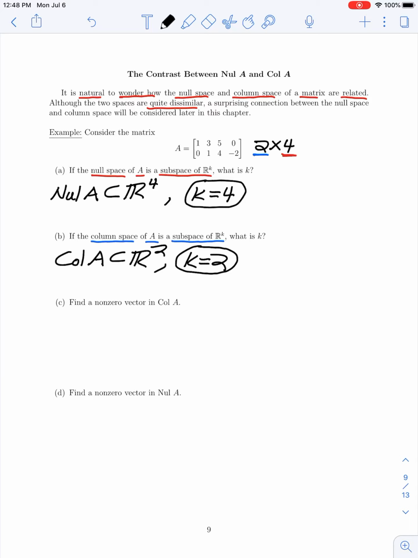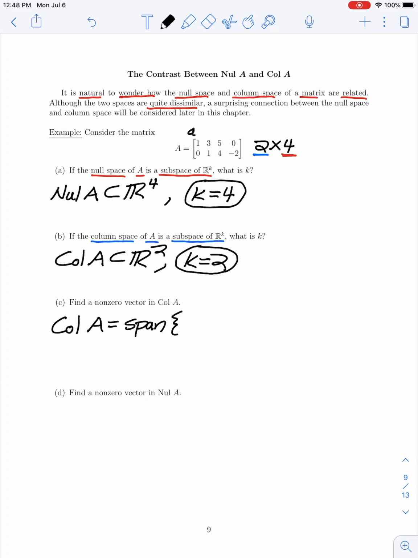Now in part C, we're asked to find an example of a non-zero vector in the column space of A. So here, let's think about how the column space of A is defined. It is the space which is spanned by the column vectors of A. So let's maybe give these a name for reference.